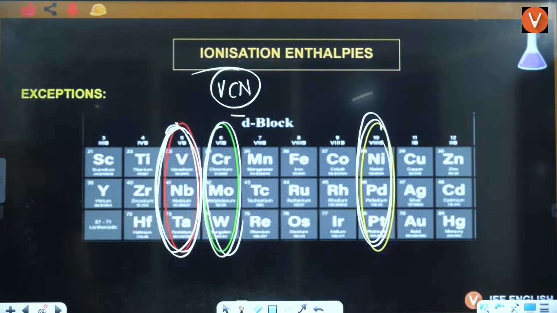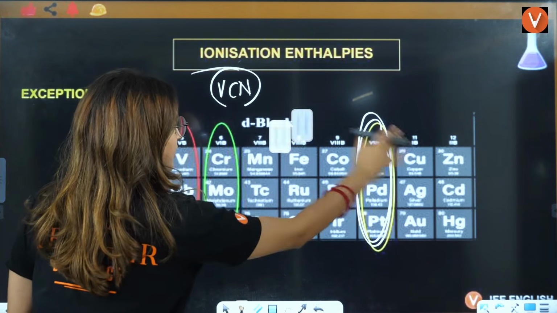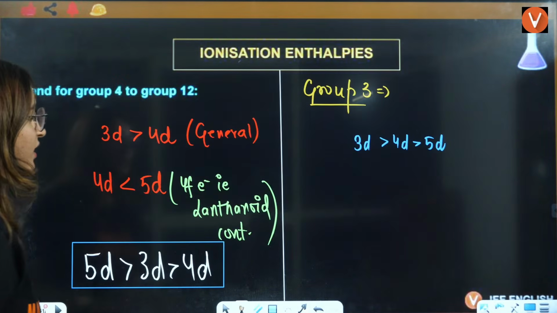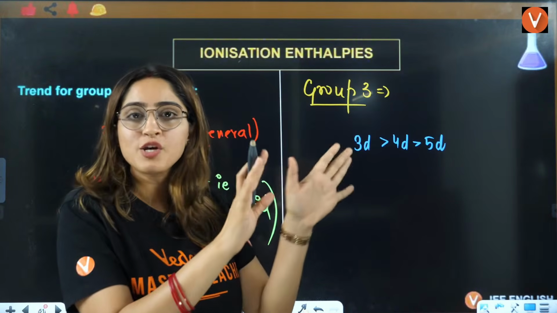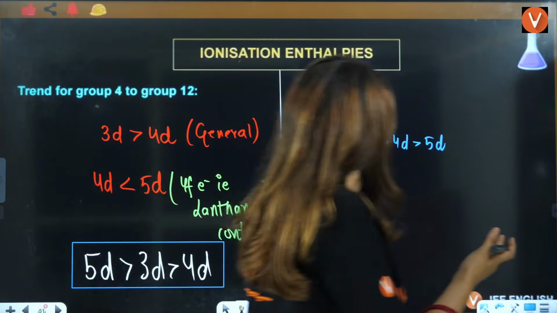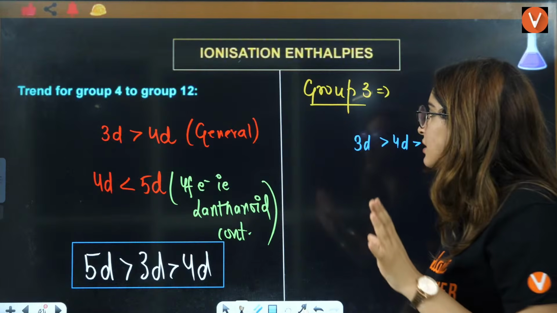So, what exactly I am telling you, I'll explain again. Group number 3, because there is no lanthanoid contraction, it is going to be normal: 3D maximum, 4D, then 5D, as general.